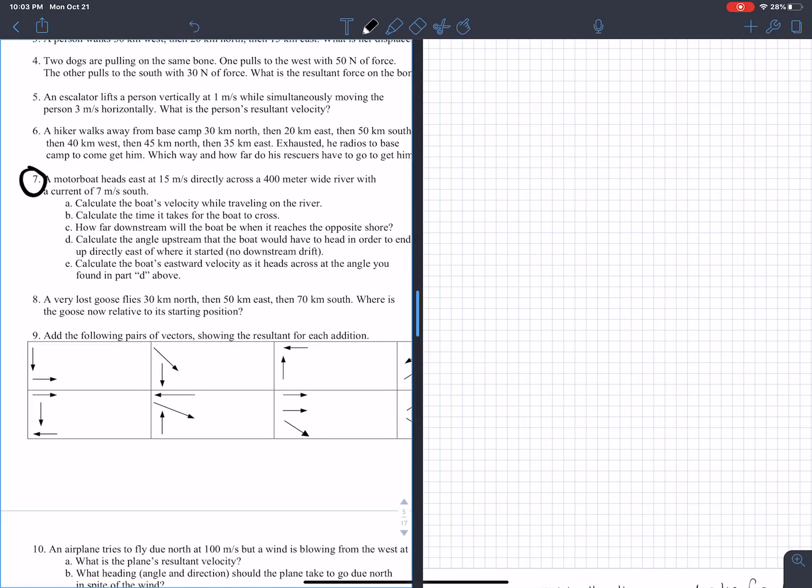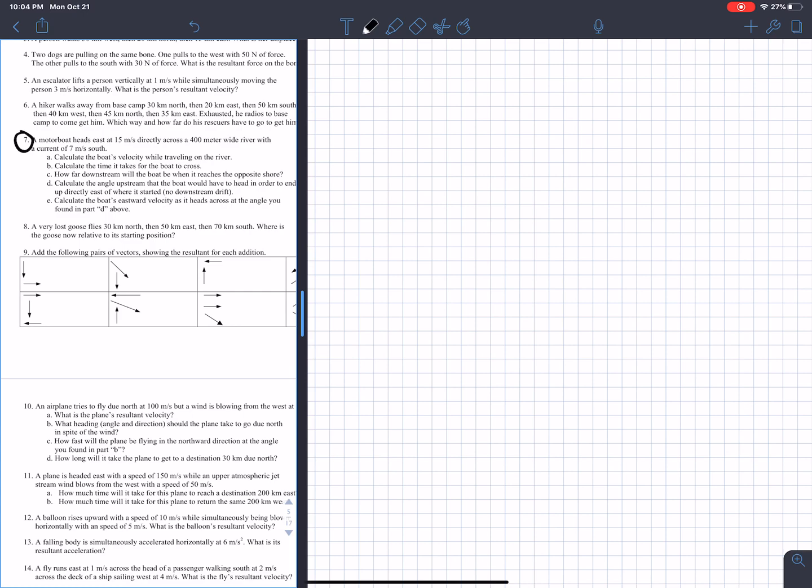Okay, you have a motorboat and it's going to head east at 15 meters per second directly across a 400-meter wide river, in which the current is moving at 7 meters per second to the south. It says calculate the boat's velocity, calculate the time, calculate how far downstream you got, calculate your angle upstream. It's got a whole bunch of stuff, but if you start out with a simple diagram and you do a good job labeling it, you're not going to have any problems.